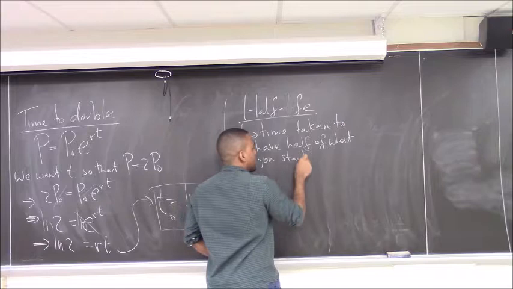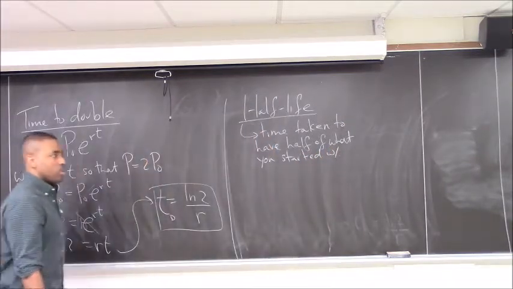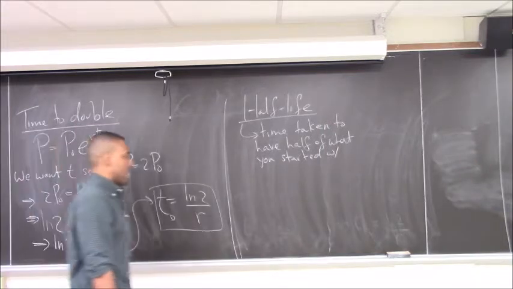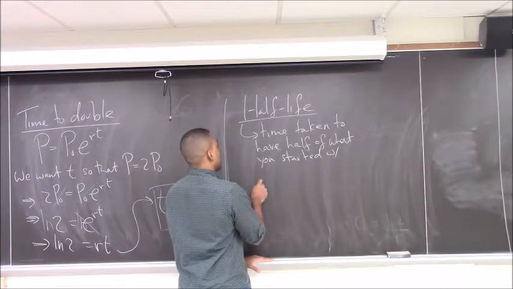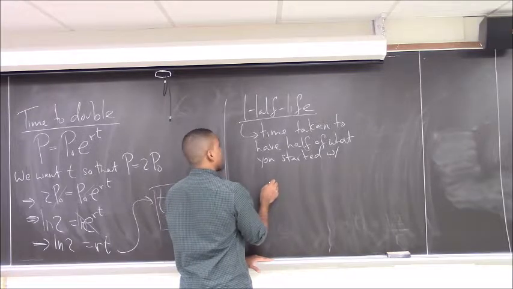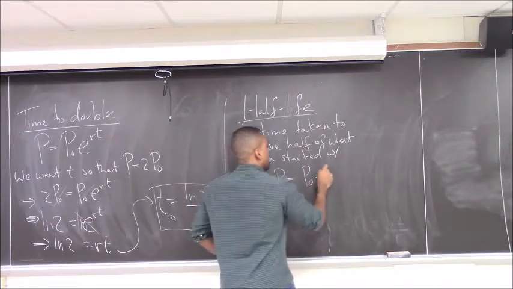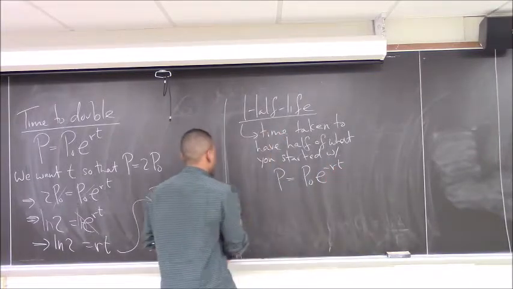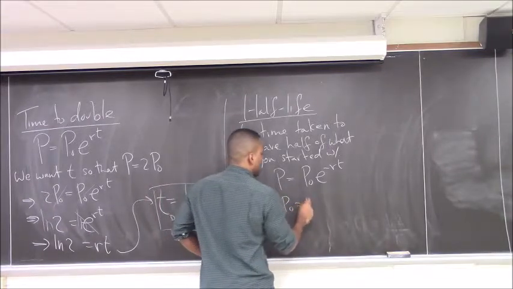So when you're decaying, you want to figure out after how long you will have half of what you had before. So we're looking at P₀e^(-rt), and we can set this equal to half of what we had before.